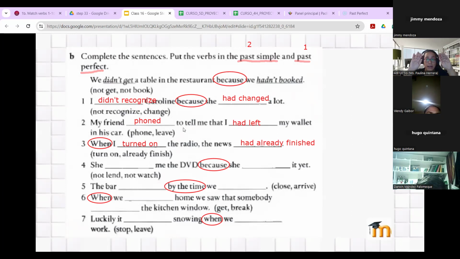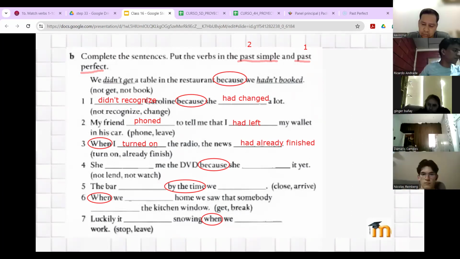It's not clear how these tenses work. Okay, well, I was confused in the exercise number 2, but I am not confused now. Okay, so it's clear now. Okay, good. Anybody else has questions? Is it clear now?